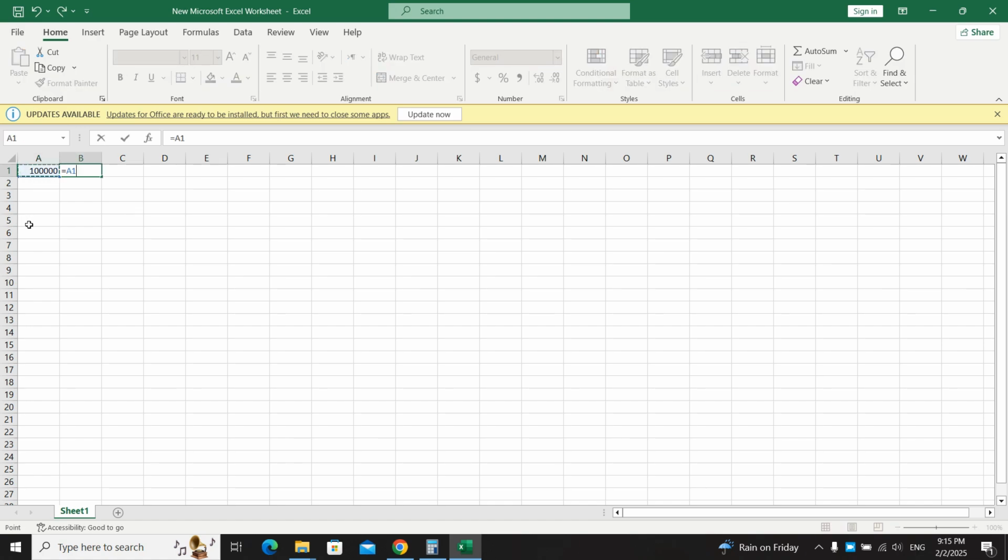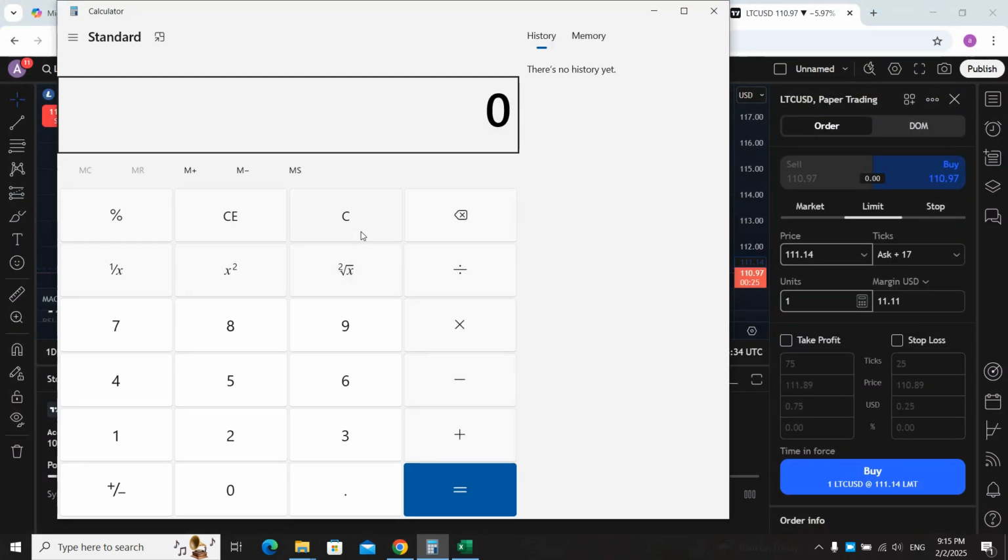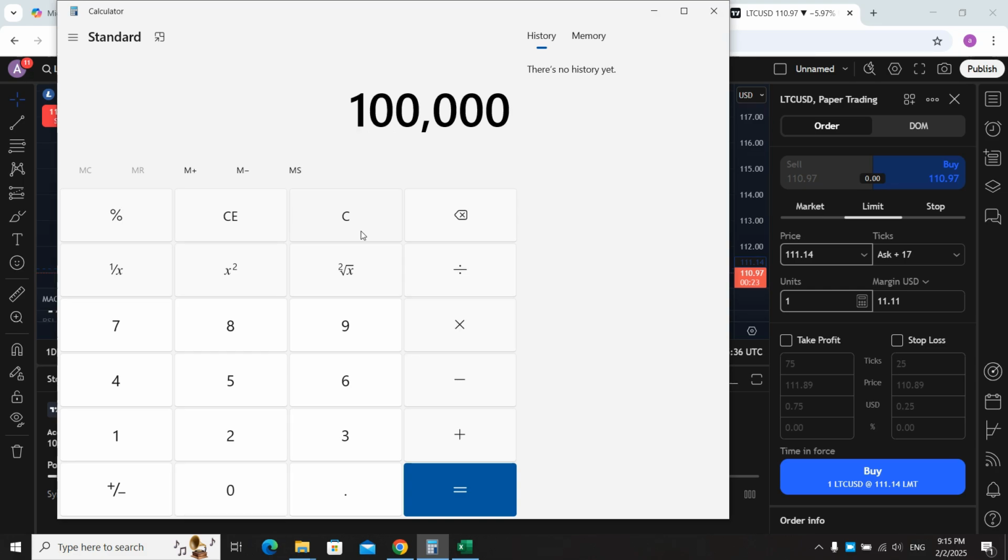Yes, it's right. And 10% of $100,000, how much is it going to be? It's going to be $10,000. We can trade up to $10,000, and for that we need to start our trading by ordering up to $10,000.